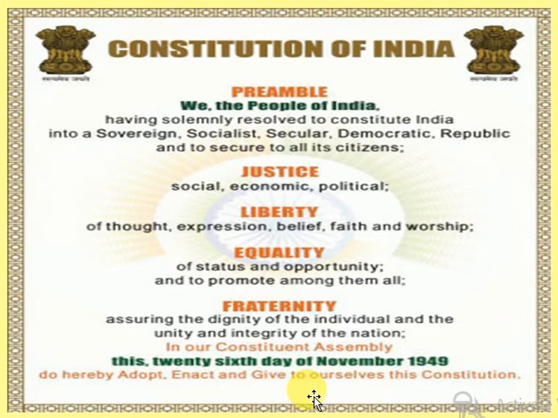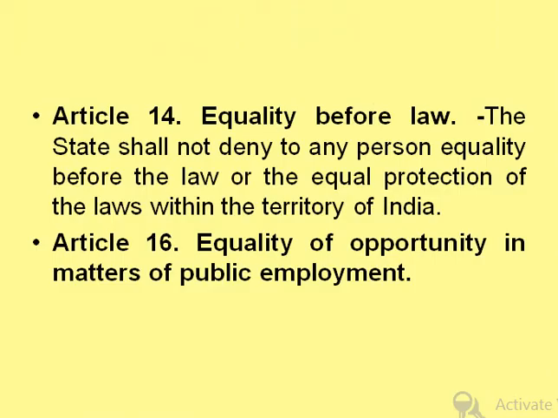The rights which have been given by the Constitution to each and every citizen of the country. Now let us discuss, as an example, some of the articles which have been mentioned in the Constitution. The Indian Constitution recognizes that India is a land of diverse culture.